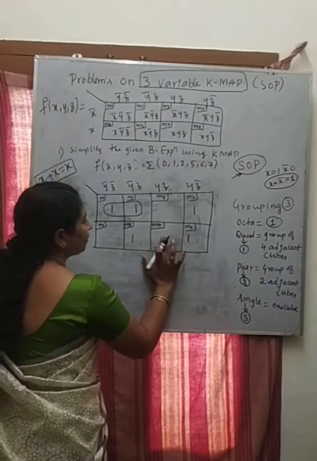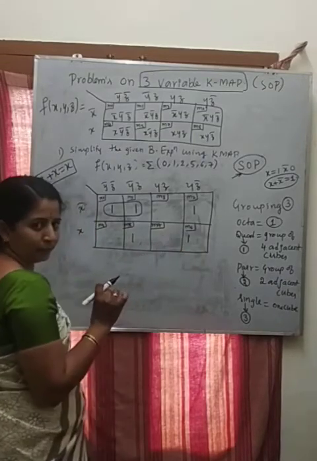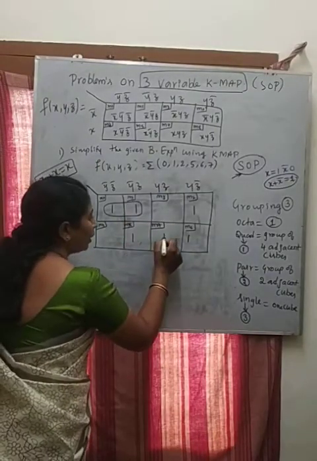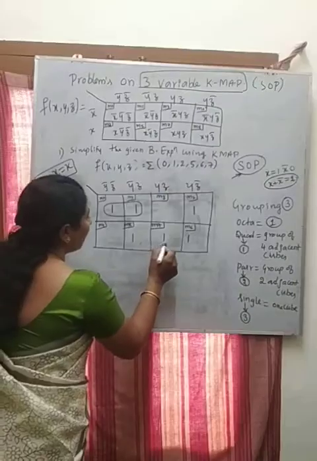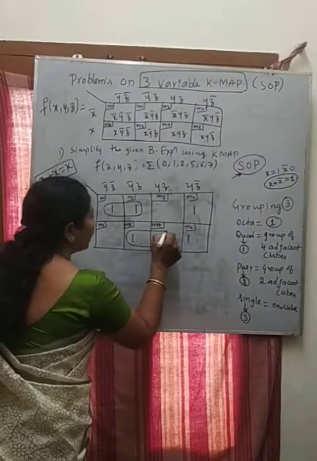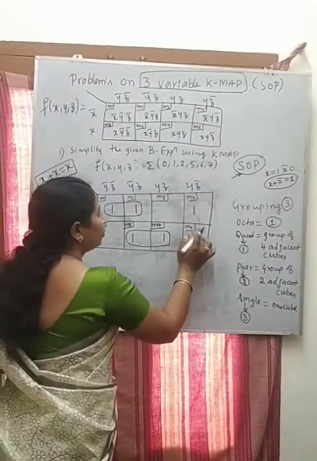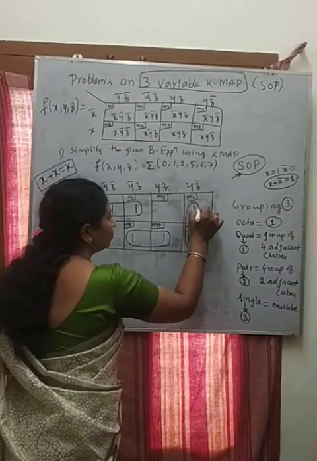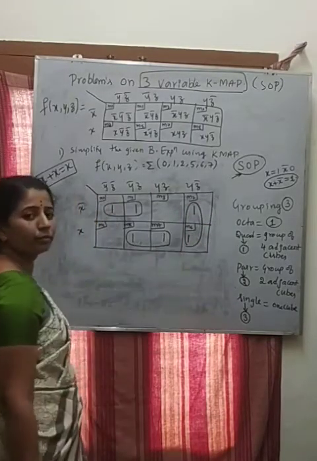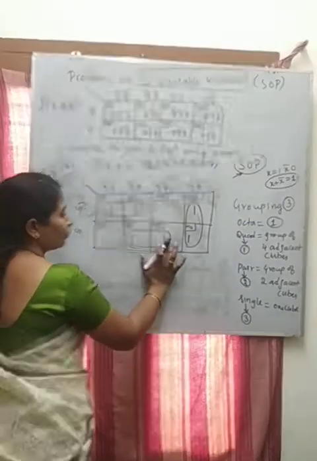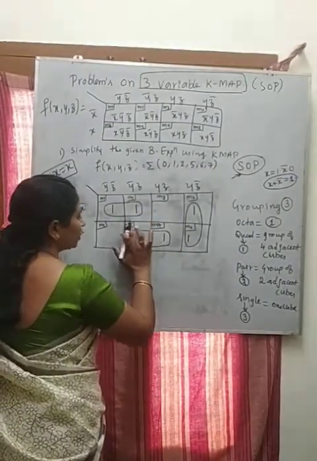Suppose if M7 was not there, then I can group M1 and M5. But now M7 is there, I can do the grouping with M5 and M7. Then I can do for these two. Hope you understood. Suppose if M7 was not there, then there is no chance.